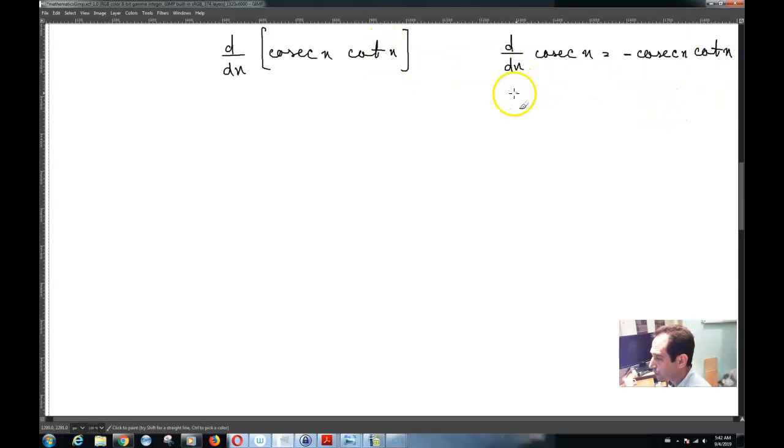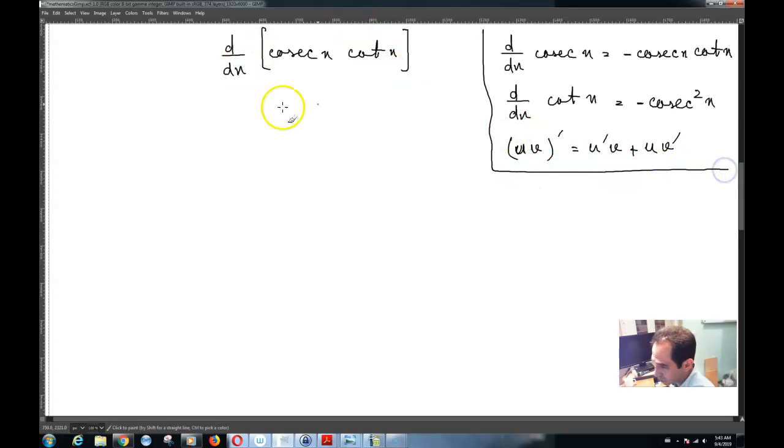And d by dx of cot x is equal to negative cosecant squared x. And of course, you know already about the product rule, u times v whole prime is equal to u prime times v plus u v prime. So you can use these three things in order to calculate this derivative.